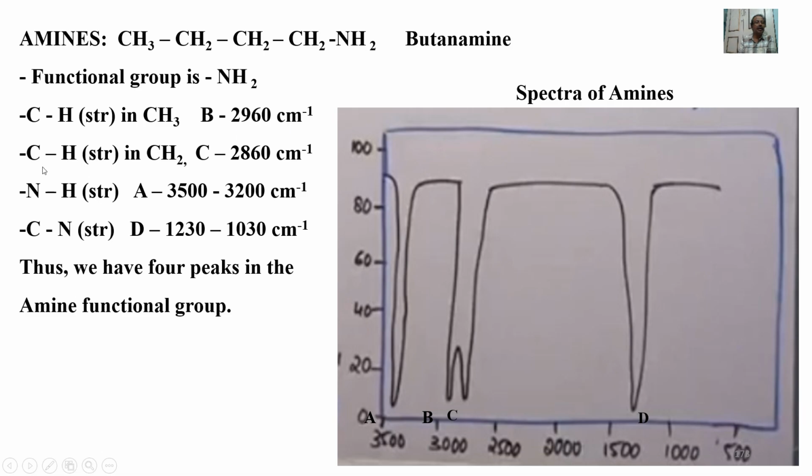And in CH2, the CH stretch lies at 2860 per centimeter, and we have NH stretch, and of course this is the highest wave number observed, which lies at point A, 3500 to 3200 per centimeter, and this is a CN stretching, which is the lowest one, which is observed at D equals 1230 to 1030 per centimeter. Thus we have 4 peaks in the amine functional group.